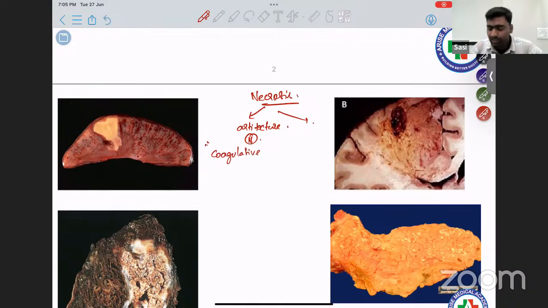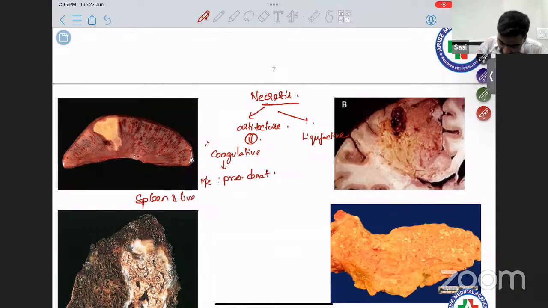Whereas in a necrosis where the architecture is lost, it is known as the liquefactive necrosis. The main mechanism for coagulative necrosis is protein denaturation, and it is most commonly seen in solid organs like the spleen, liver, and heart even.